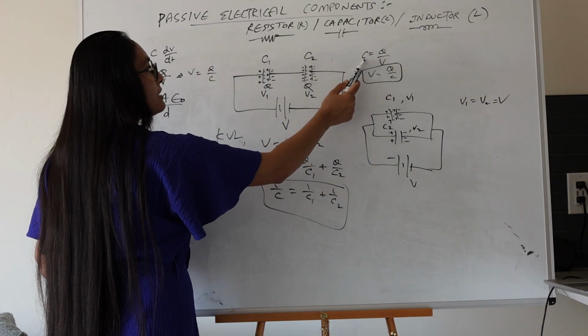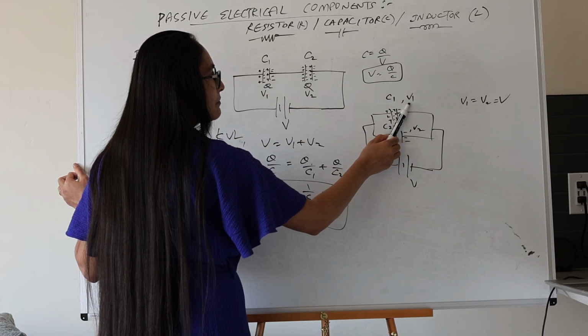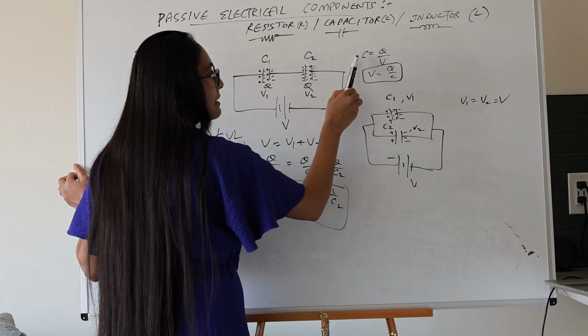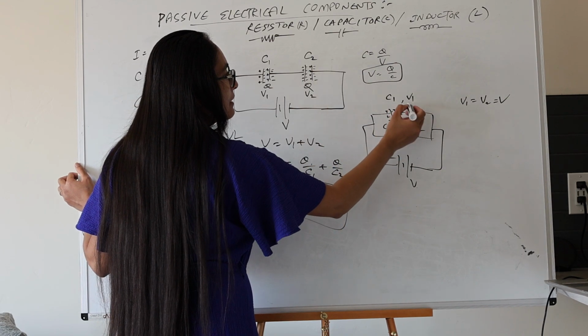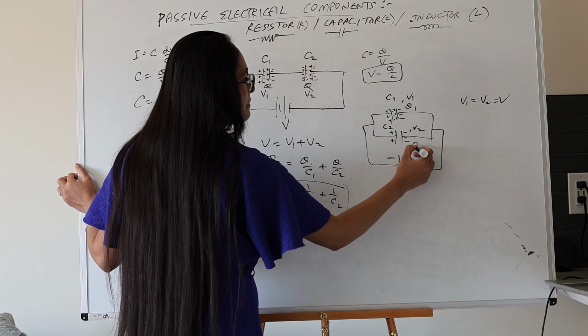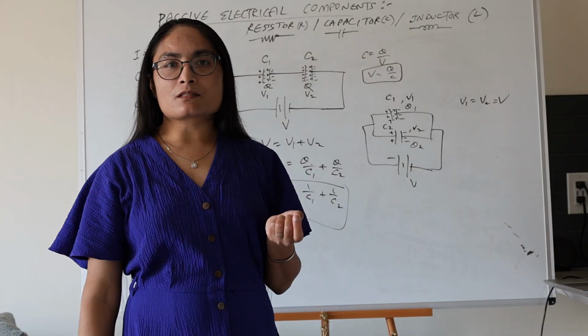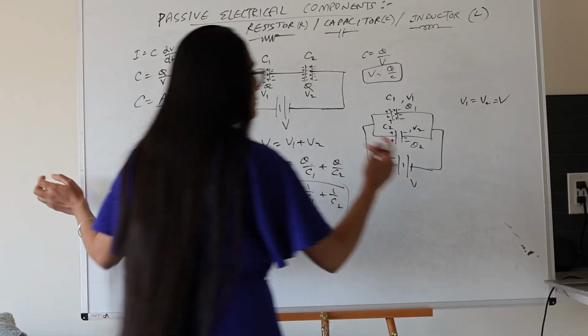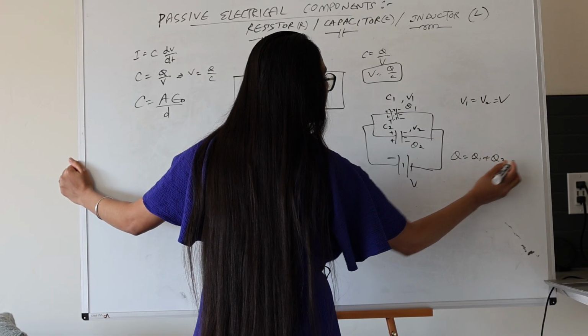Again, from this relation, C equals Q over V, if V is the same and C is different, Q has to be different. So in this case, Q is different: this is Q1, and this is Q2. We know that charge is always conserved, so total Q is equal to Q1 plus Q2.